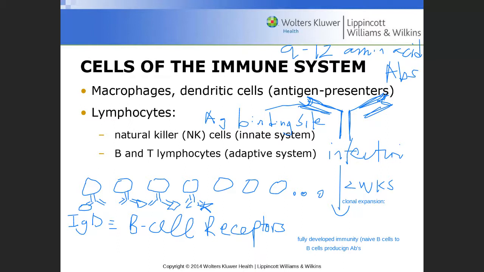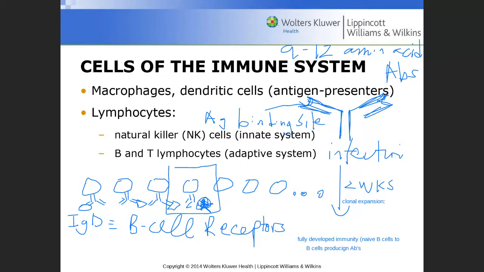But regardless, when a foreign substance enters your body, there should be at least one or two B cells that have the right receptor to recognize it. Let's say this one is the antigen, and this B cell has the right receptor for it.